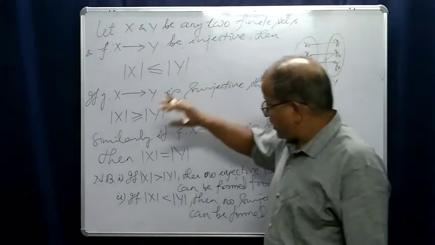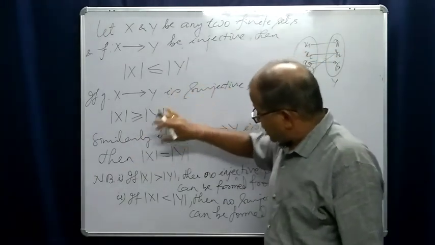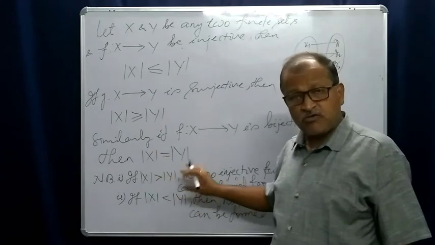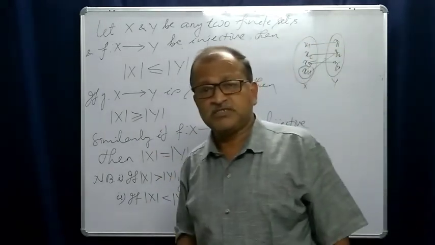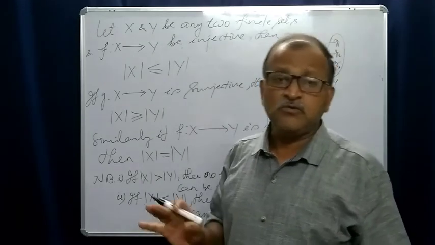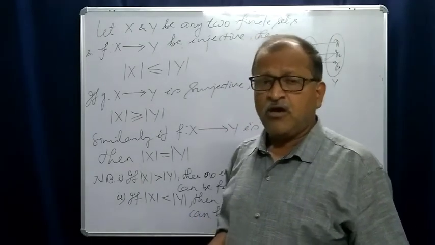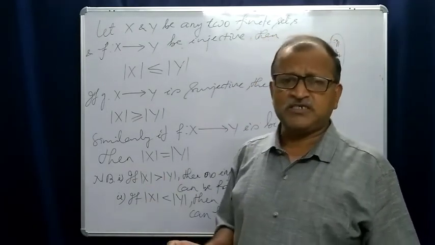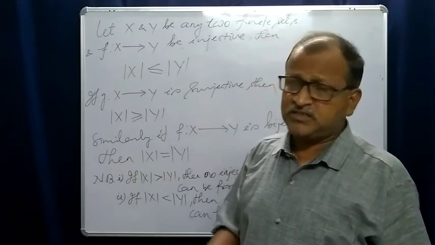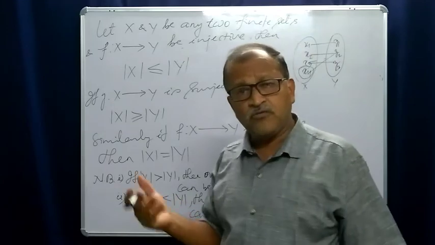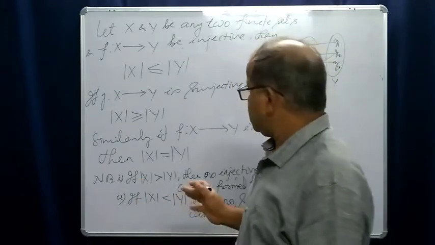But when cardinality of x is equal to cardinality of y, then only bijective functions can be made from x to y, right? Or if f is a bijective function from x to y, then cardinality of x is equal to cardinality of y. Okay? This is the thing.